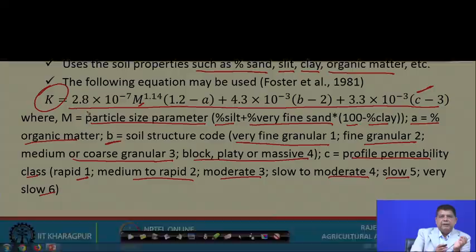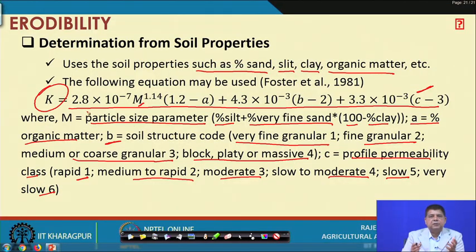Similarly, we saw that for rainfall erosivity we have two methods, one is the EI30 method and one is the KE greater than 25 index method. With this we come to the end of this class, where we have seen how to estimate rainfall erosivity as well as soil erodibility. Thank you very much.